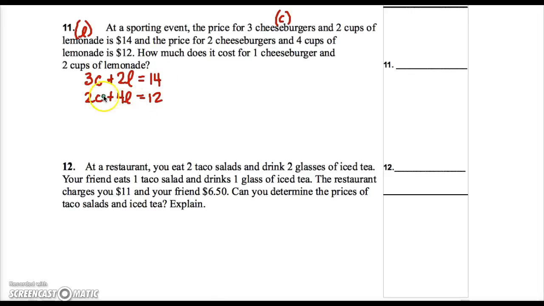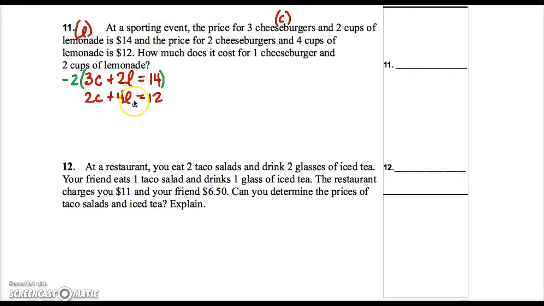So as I look, I notice the 2 and the 4, it'd be easy to change this 2 into a -4 to cancel that out. So in order to do that, I'm going to take this top equation and multiply it by a -2, because again, I want to take this and make it a -4L so that it will cancel with this +4L.